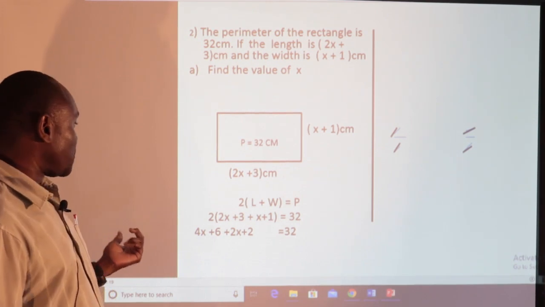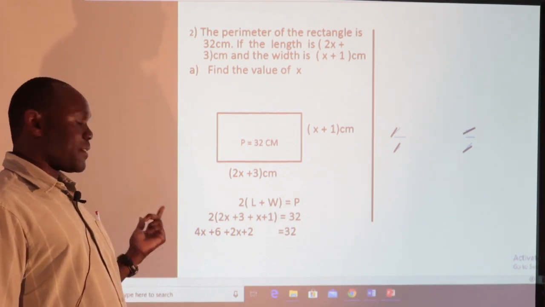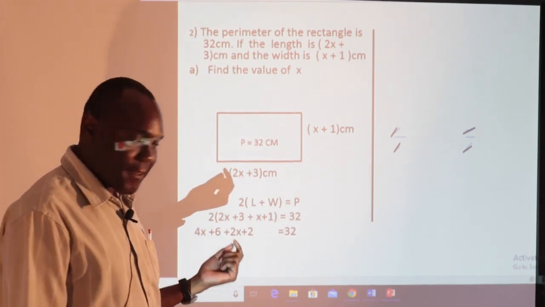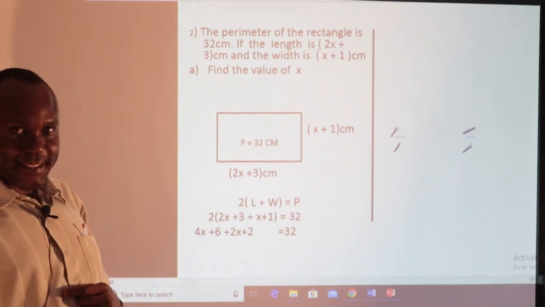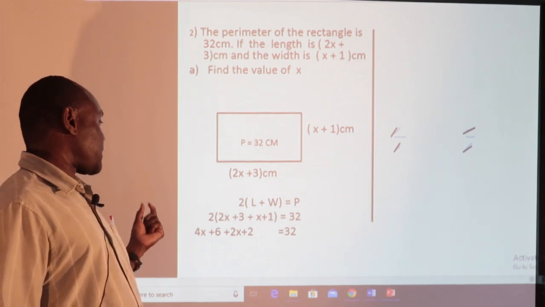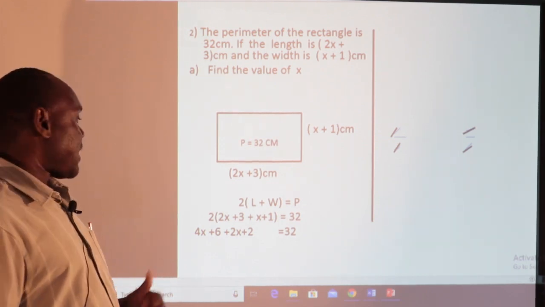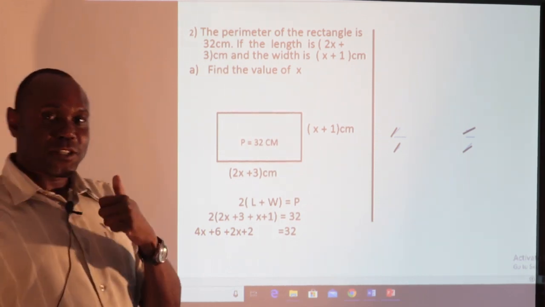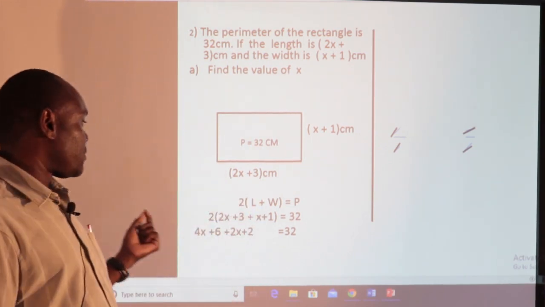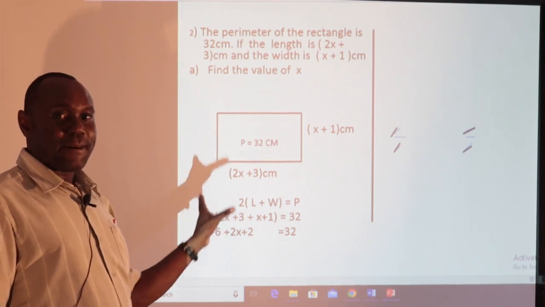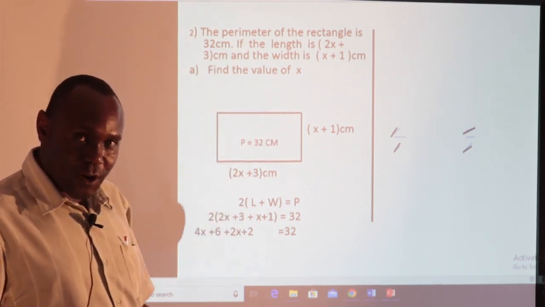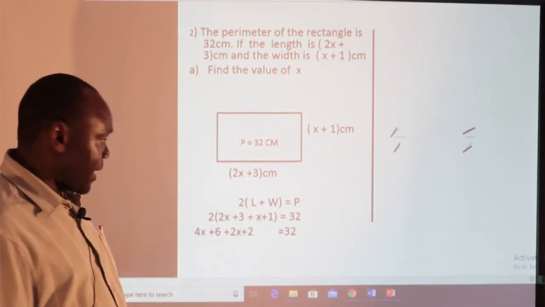So we have multiplied 2 times positive 3, giving us positive 6. Then 2 multiplied by x gives 2x, and 2 multiplied by positive 1 gives positive 2. That is what we mean by opening brackets or removal of brackets.